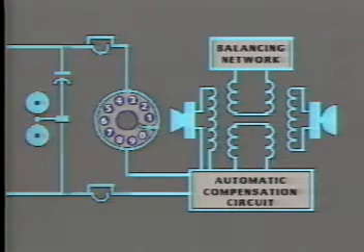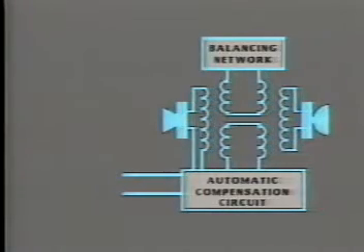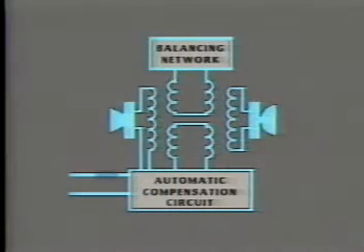This is also illustrated in our diagram. The purpose of the telephone set induction coil is to interface the two-wire circuit with the four-wire circuit, permitting full duplex operation. Full duplex simply means the transmission over the circuit can occur in both directions at the same time.